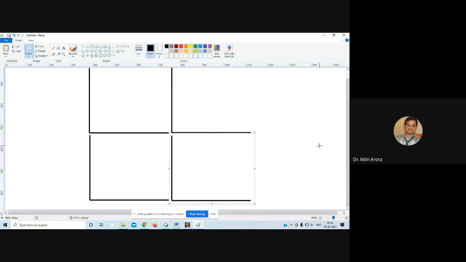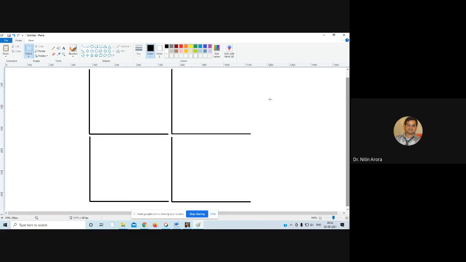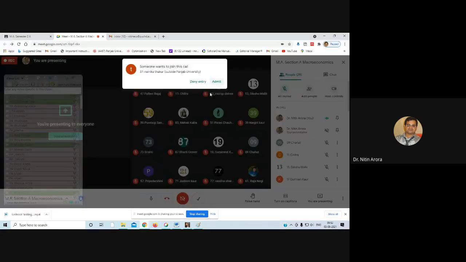So we have four panels for explaining the impact of fiscal policy in a flexible exchange rate system.